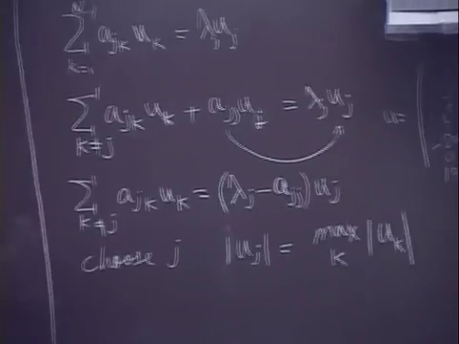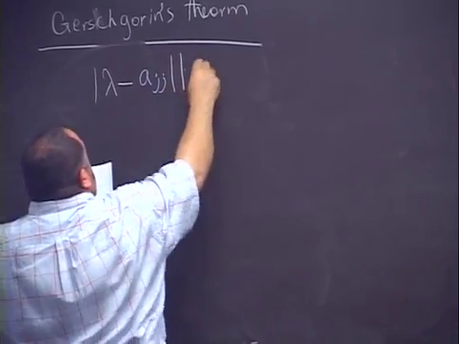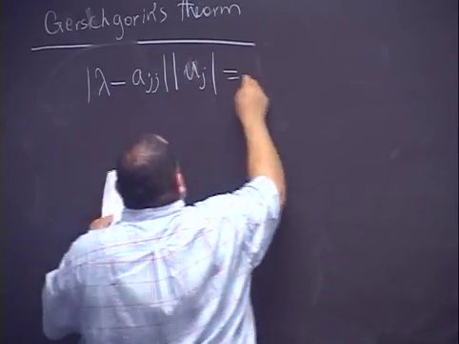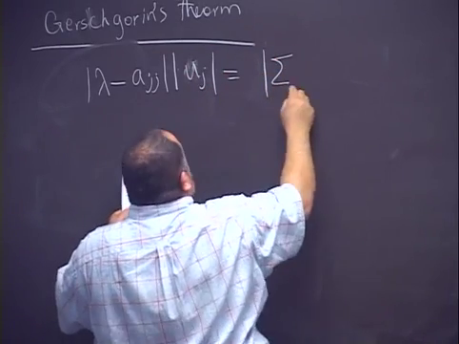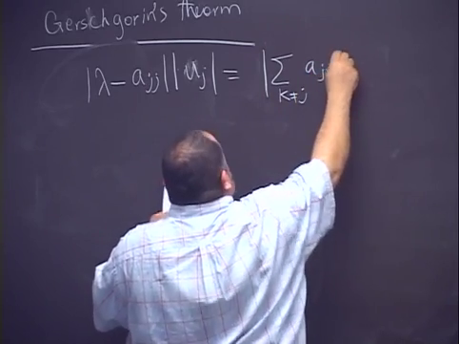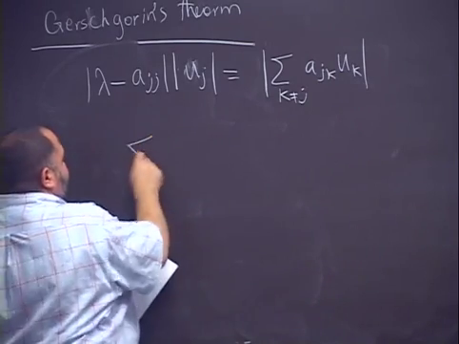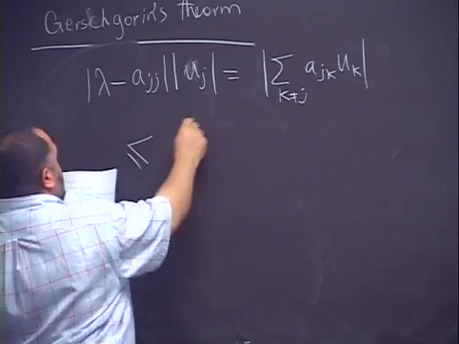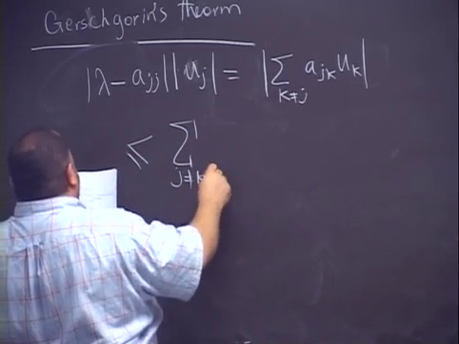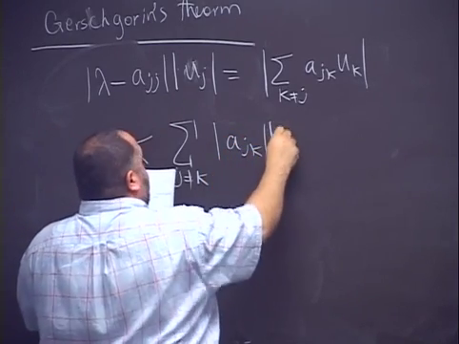So this will be the amplitude of lambda minus A jj, multiplied by the amplitude of uj, equal to the amplitude of the summation for k not equal to j of A jk multiplied by uk. But this is less than or equal to the summation for k not equal to j of the amplitude of A jk times the amplitude of uk.